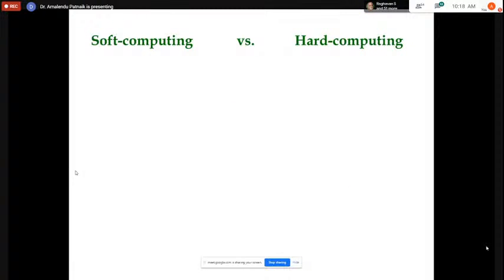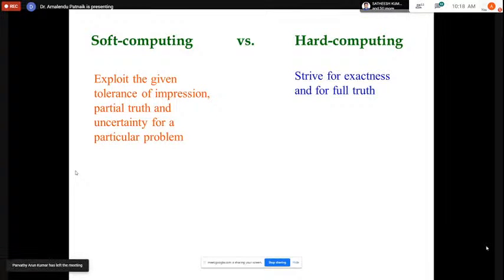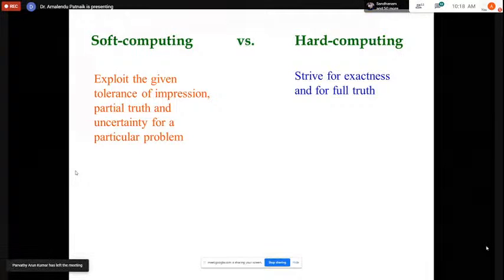Now let us see how these techniques differ from hard computing. Soft computing exploits the given tolerance of precision, partial truth, and uncertainty for a particular problem, whereas in hard computing, we strive for exactness and the full truth.